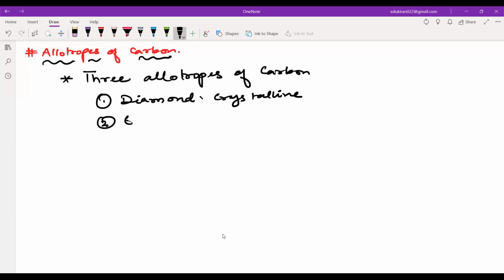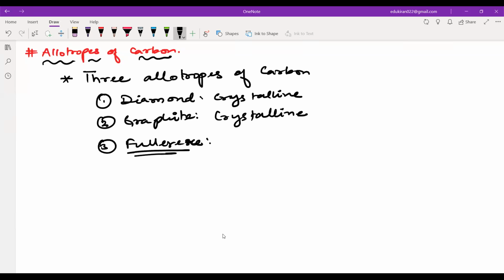Second is graphite. Graphite is also crystalline. Third is fullerenes. We'll study about fullerenes when we talk about fullerenes. Now, first of all, diamond.